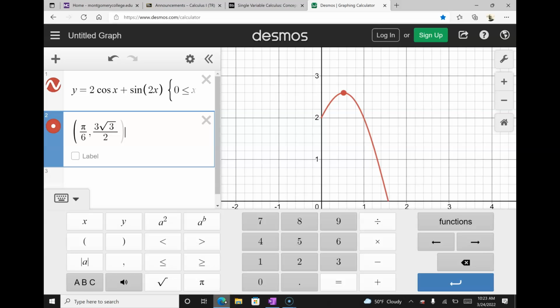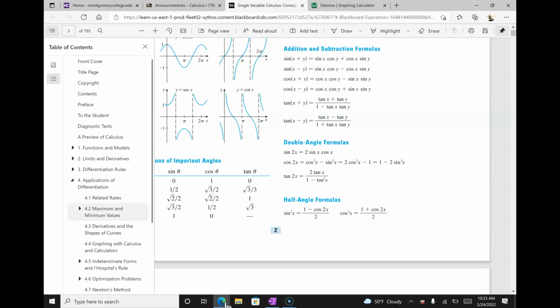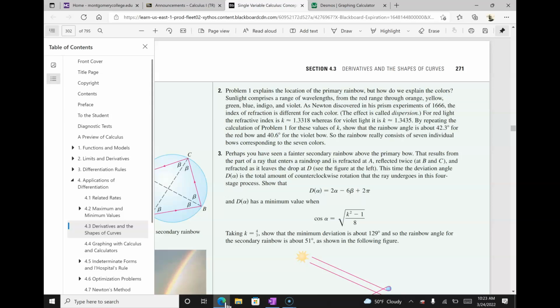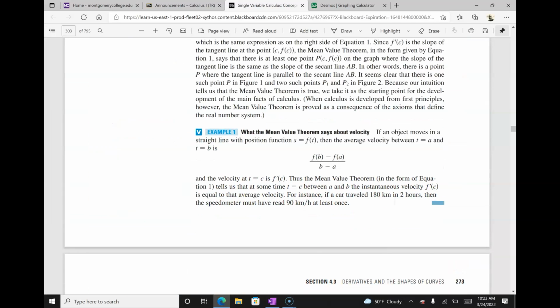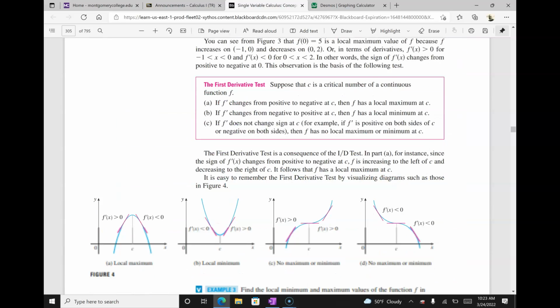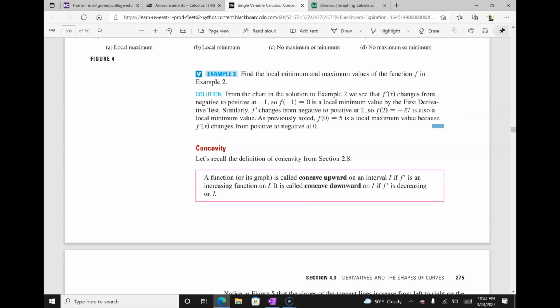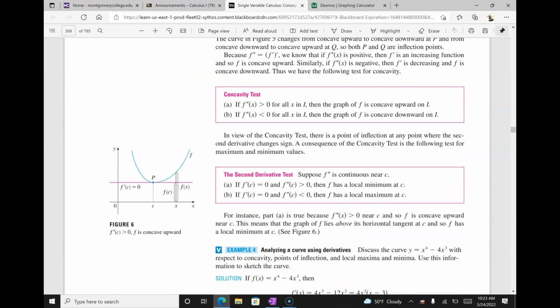Let's do an interesting one. Where is my book? Nice. Let's go to 4.3. Polynomials are boring. Second derivative test, concavity.